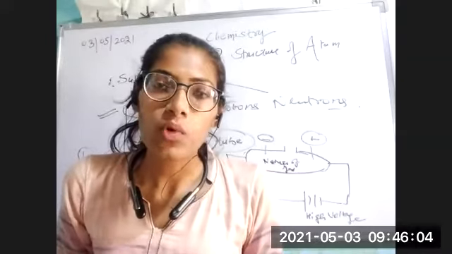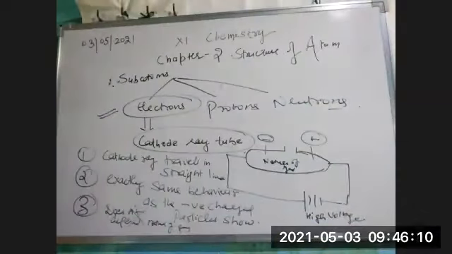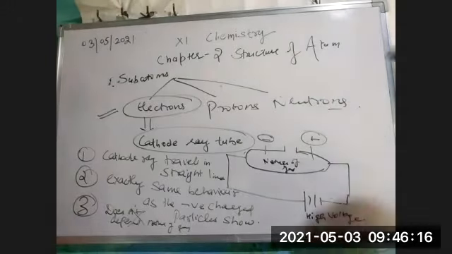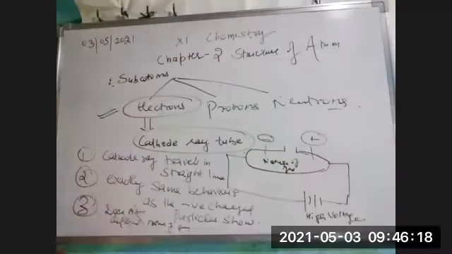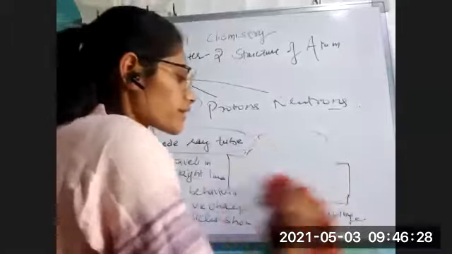So the proton and neutron were discovered too, on the same kind of cathode ray tube, but a very modified cathode ray tube. Now, for differentiating these two terms, I would just put these particular points here.